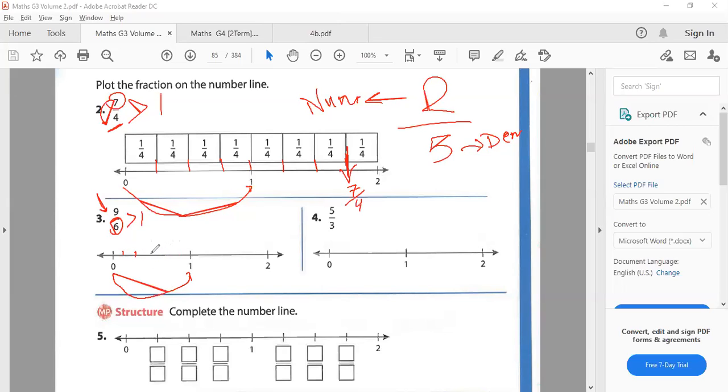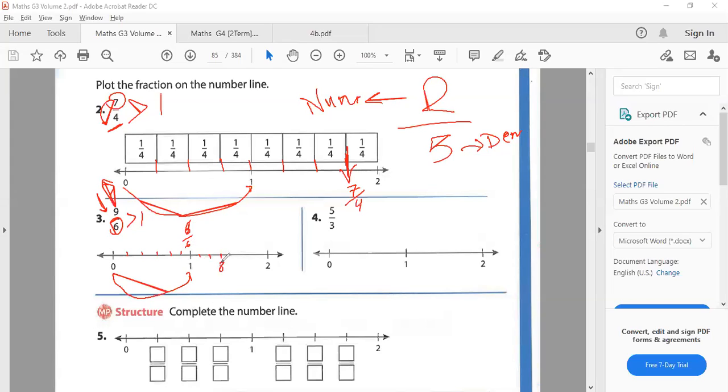Let's check it. Like this: 1, 2, 3, 4, 5, 6. So we divided between 0 and 1 into 6 equal parts. We need 9 parts, right? So let's continue. At 1 it is 6 over 6, then 7 over 6, 8 over 6, 9 over 6.